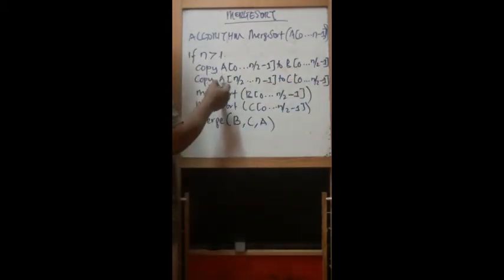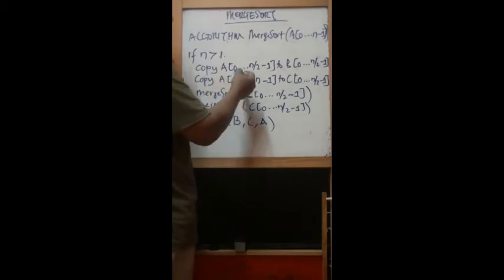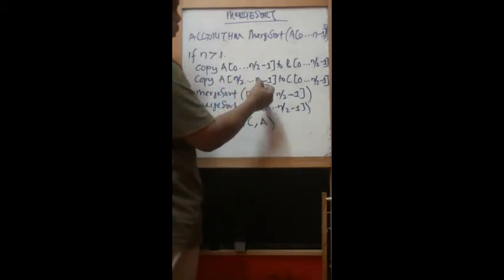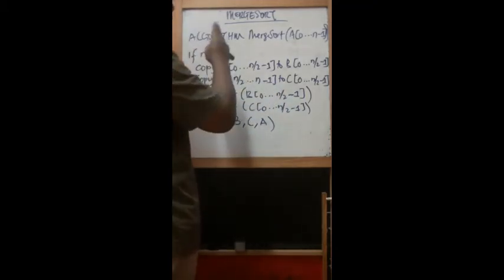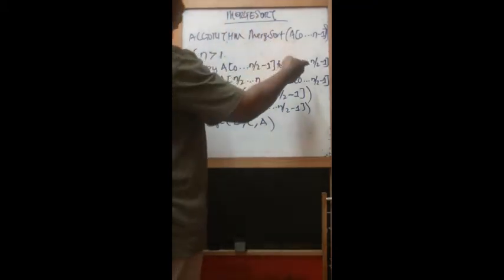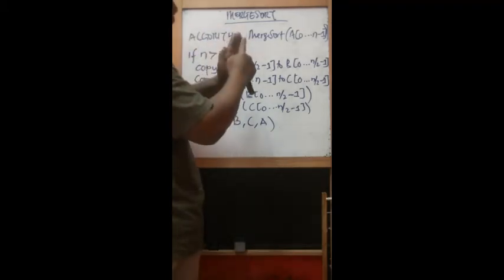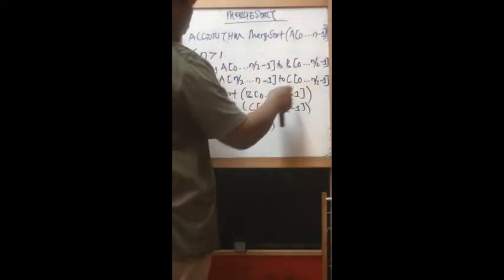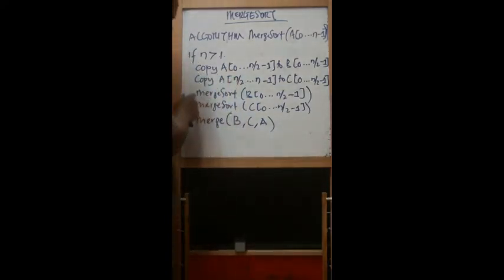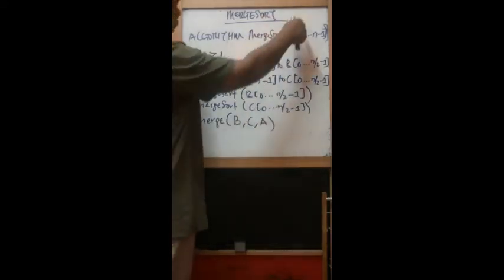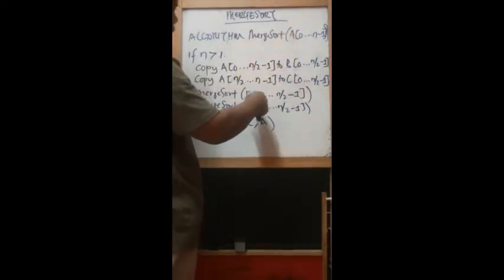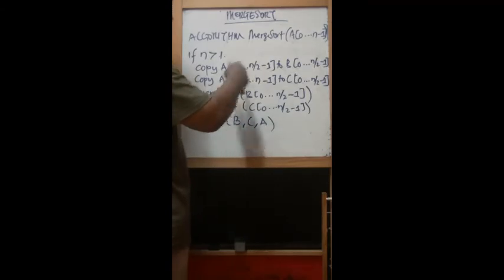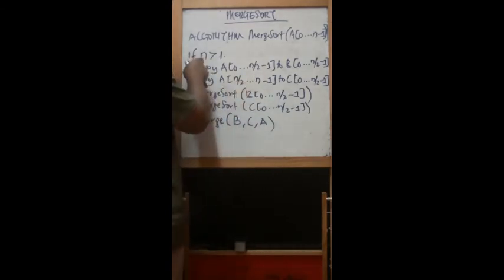And the second is to copy from n over 2 to n minus 1 into C. So we have to copy this, and after that we make the recursive call merge sort, passing A, B, C here.